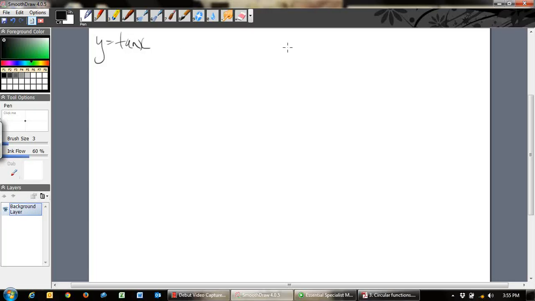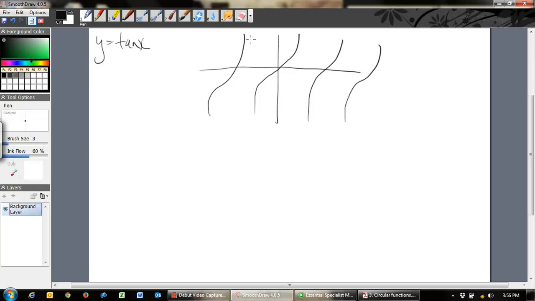Let's look at tan. Y equals tan x. Remember, it looks like all of your little wiggly worms, and they all have these asymptotes, don't they? They're at pi on 2, negative pi on 2.